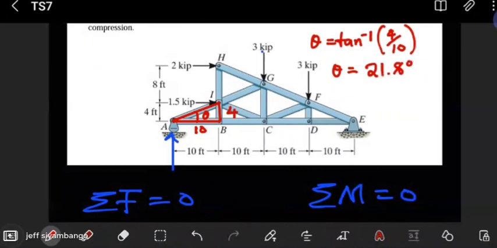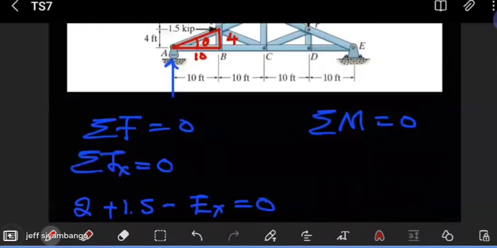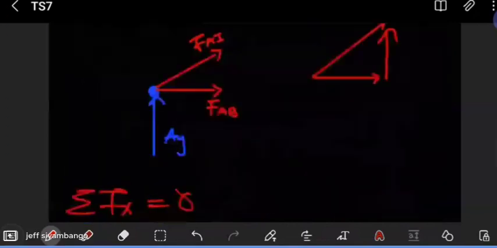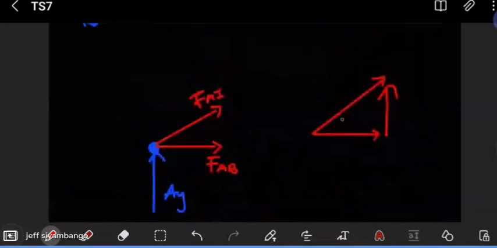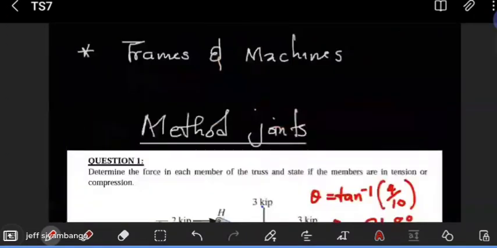Okay, so given the angle there, it implies that we can now break down or represent FAI in parts. Say 21.8.